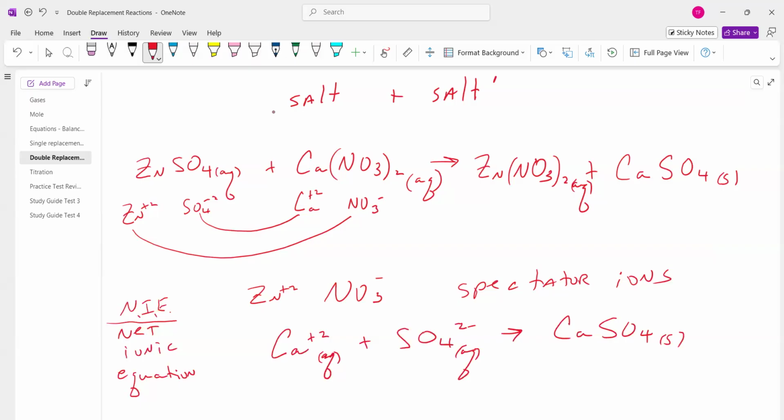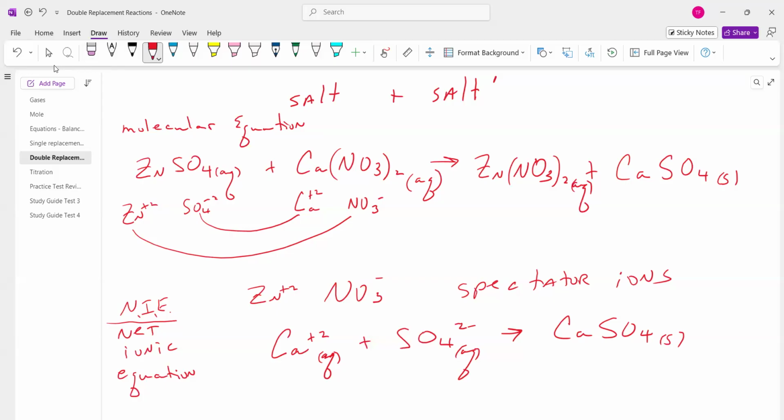Now, in your next class, they're also going to ask you to write a total ionic equation. What that means is we're going to split everything up. Right now, this is called the molecular equation. The total ionic equation we're not going to do in here, but your next class probably, for sure 1A, question mark for 2A, depends on the instructor.